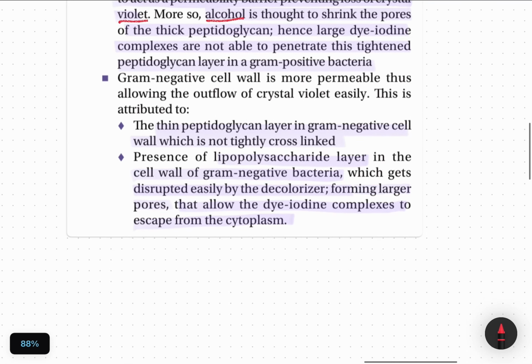Whereas when it comes to the gram negative bacteria, there is a thin peptidoglycan layer, so the diiodine complex can easily pass through, and they also have a lipopolysaccharide layer which will get destroyed by the decolorizer, and it will produce large pores that will allow the diiodine complex to escape from the cytoplasm.